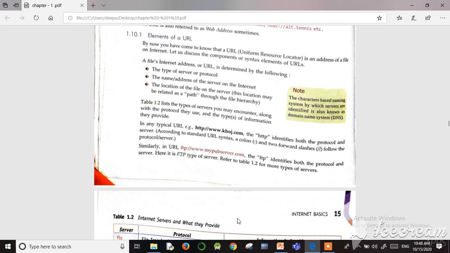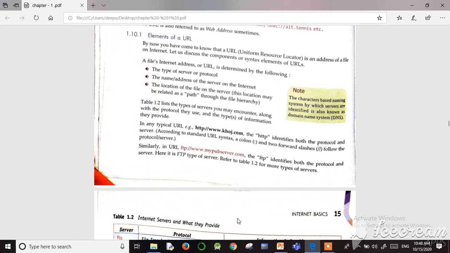According to the URL syntax, a colon is needed, then two forward slashes are needed, following the protocol and server. That is, http colon double slash. Similarly, ftp colon double slash www.mypubserver.com.